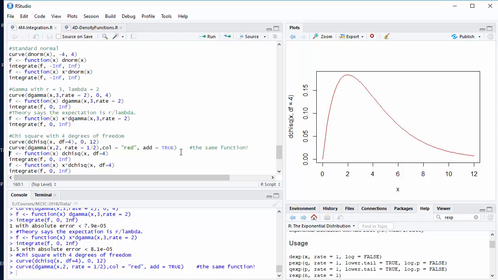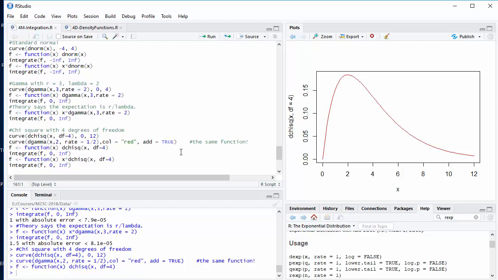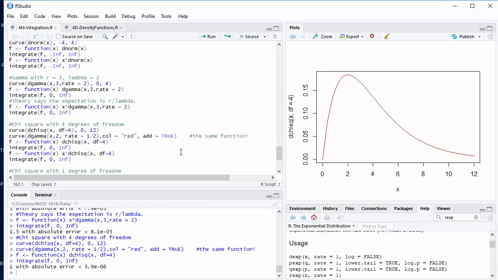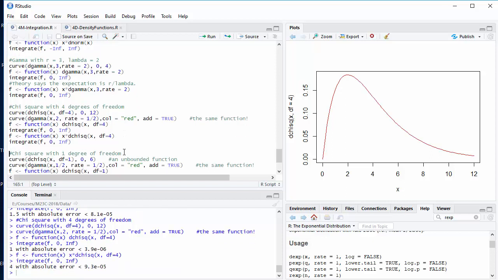If I integrate this one from 0 to infinity, of course, I get 1. And if I calculate the expectation of this chi-squared distribution with 4 degrees of freedom, I get the same answer as for a gamma distribution, namely it came out to 4. And what's the 4? It is r over lambda. 2 divided by 1/2 is 4.